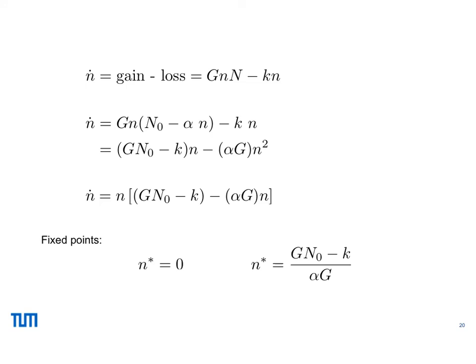In here we have, as we pointed out, a second order polynomial. Therefore we have two roots. One is going to be n star equal to 0, and the other one is the one that makes this whole term in here go to 0. So you just rearrange the equation, and you will see that the second fixed point is given by this expression.